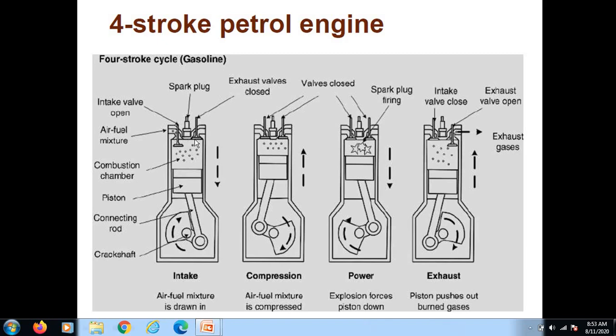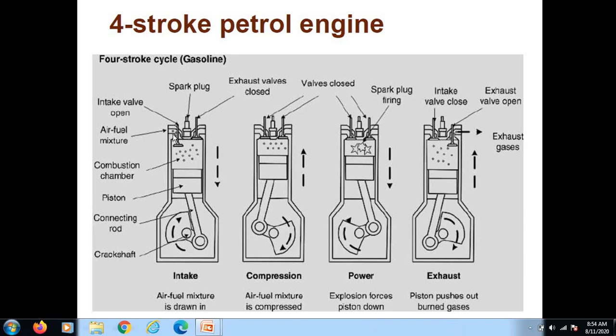While discussing the working of the petrol engine, we should know that this is the inlet valve and this is the exhaust valve. Both valves are controlled by the rocker arm, then push rods and camshaft, and this camshaft is connected with the crankshaft. Whatever power is produced by the crankshaft, some of it is supplied to the camshaft, and that camshaft controls the opening and closing of the inlet valve and the exhaust valve.